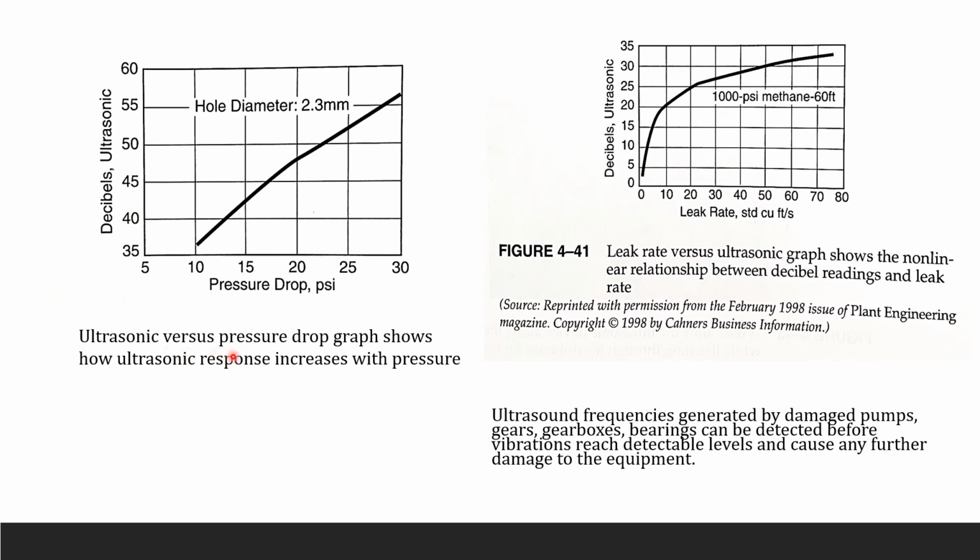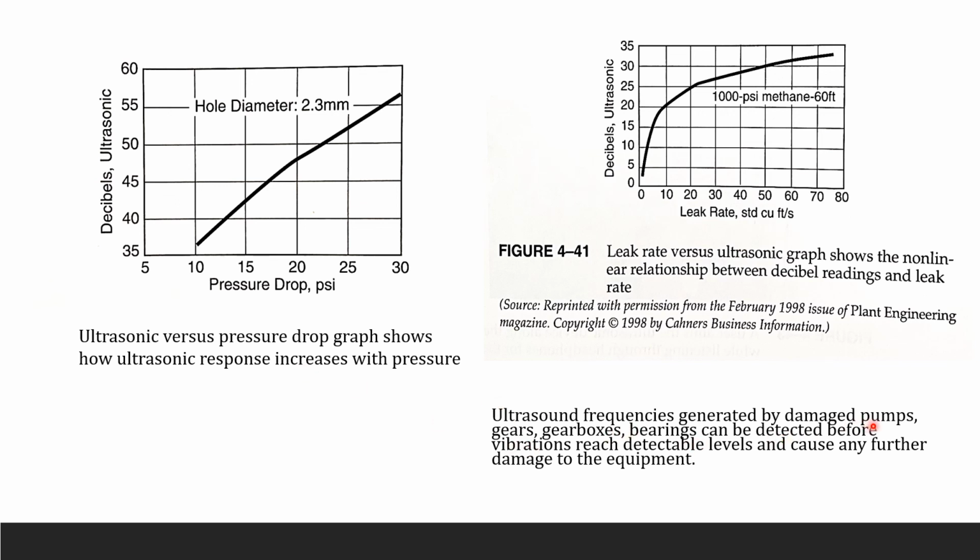So here, ultrasonic versus pressure drop graph shows how ultrasonic response increases with pressure. So figure 4.41, here leak rate versus ultrasonic graph shows the non-linear, this is non-linear because it is curved, relationship between your ultrasonic and your leak rate, okay?